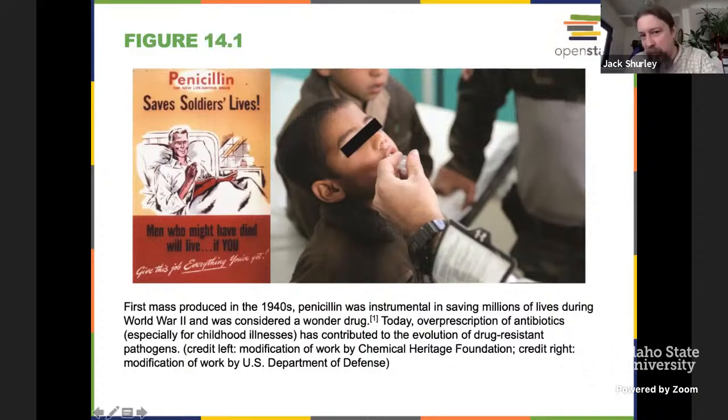I think there were some other things that truly helped with that as well, but we're not teaching history here. So there were benefits, and through overuse and misuse, there's issues as well. So we do see evolution of drug resistance with all sorts of different pathogens and all sorts of classes of antibiotics, not just penicillin.